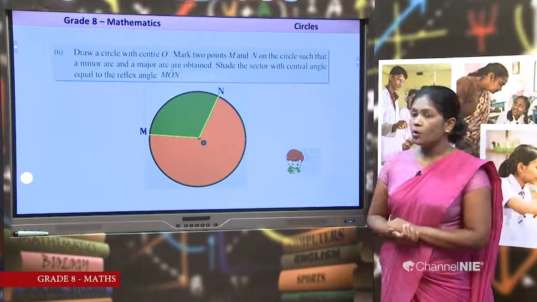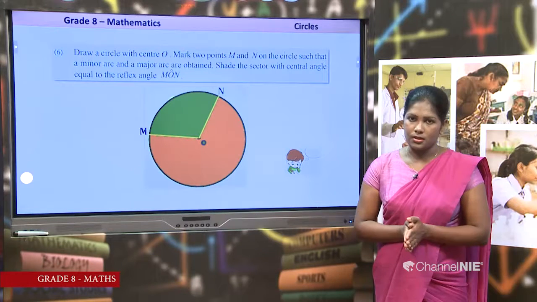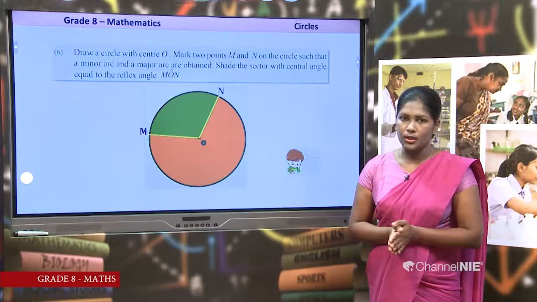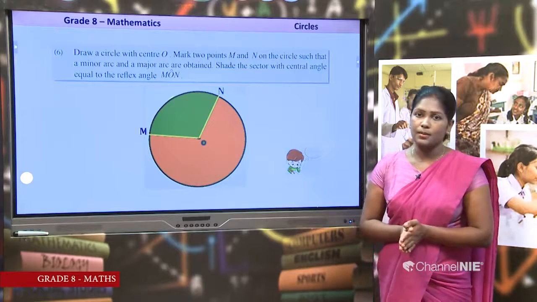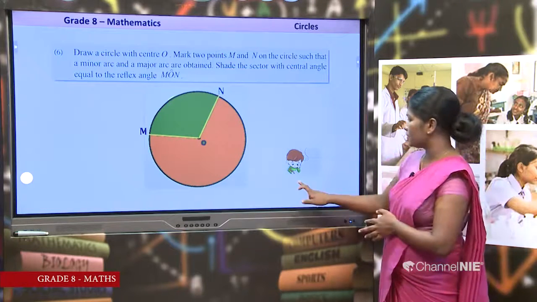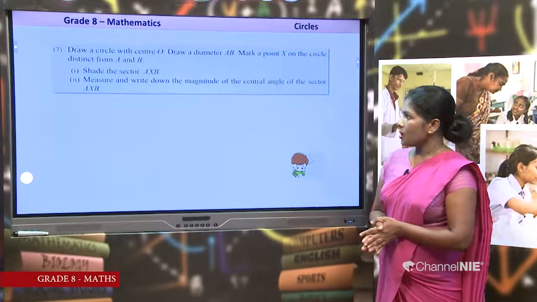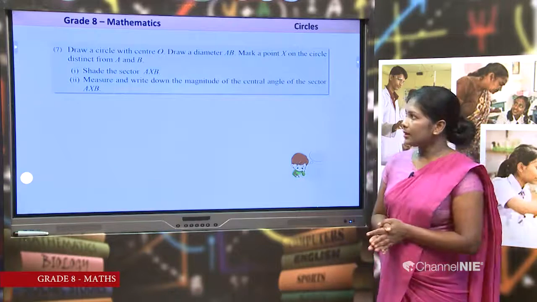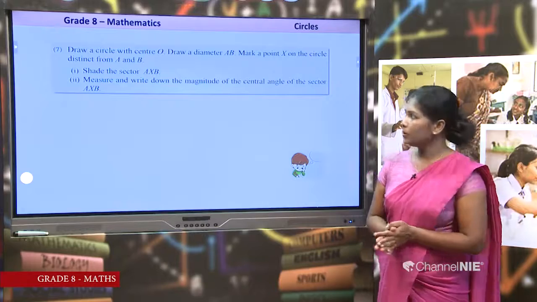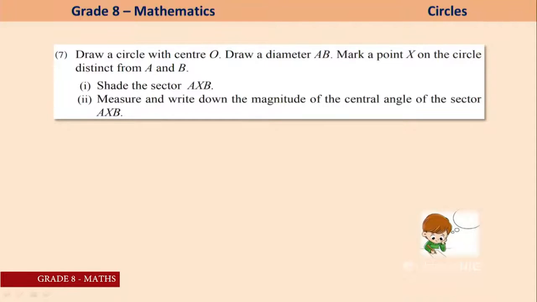So, now move to the next question, the seventh question in your exercise 23.2. Draw a circle with center O, draw a diameter AB, mark a point X on the circle distinct from A and B. Then first question, shade the sector AXB.